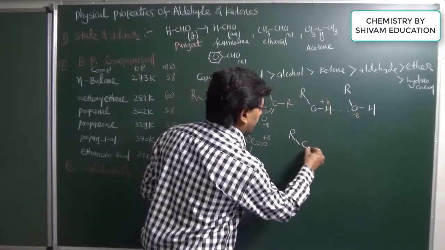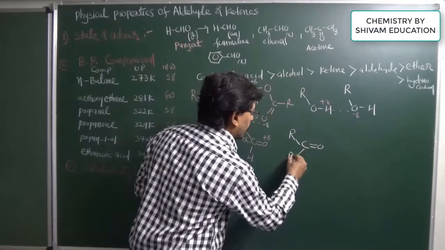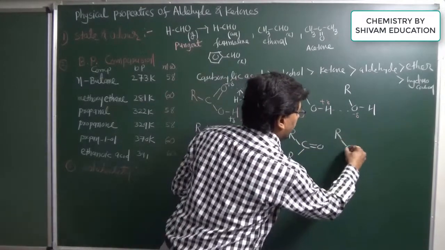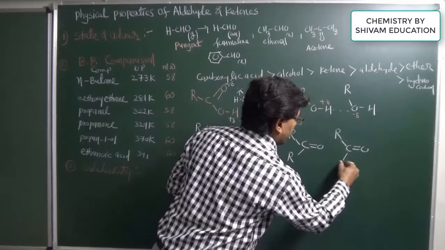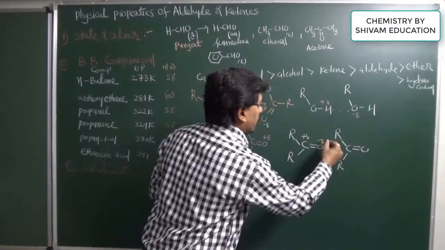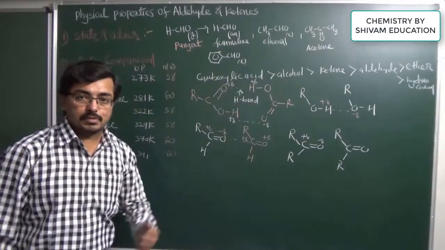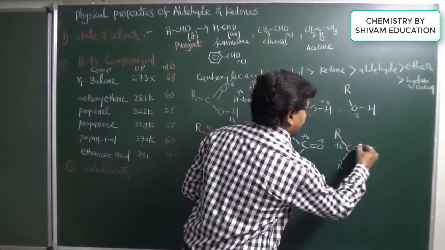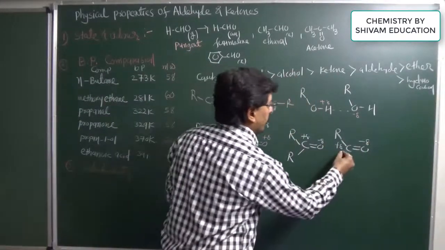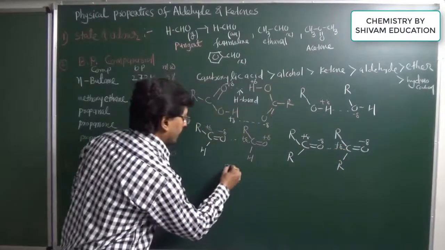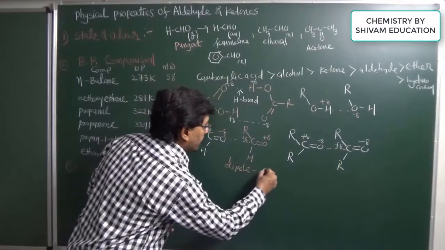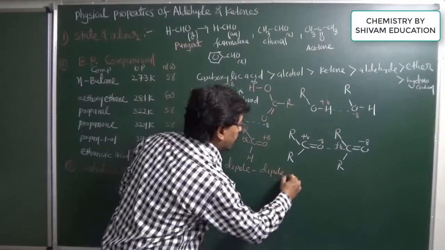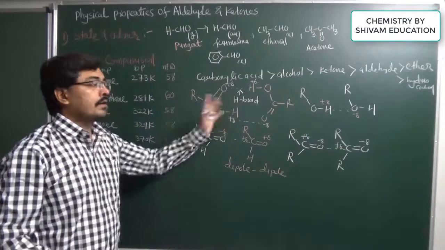Suppose I have taken a ketone molecule, then there is also the presence of weak dipole interaction. Here the carbonyl carbon has a partial positive charge, oxygen has a partial negative charge. So in the case of ketone, there will always be dipole interaction. This dipole interaction is comparatively weak as compared to hydrogen bond.